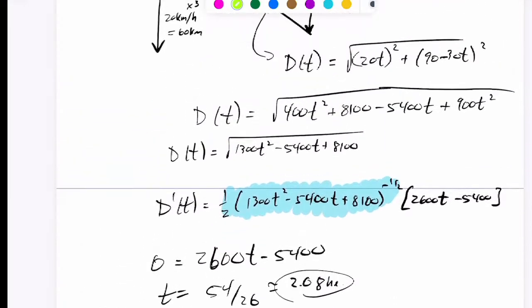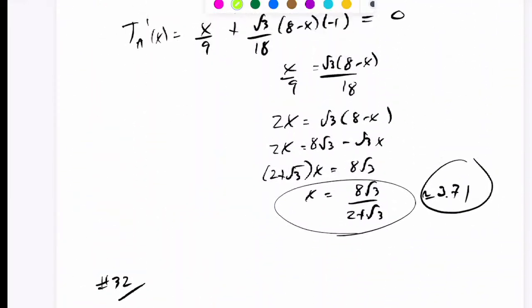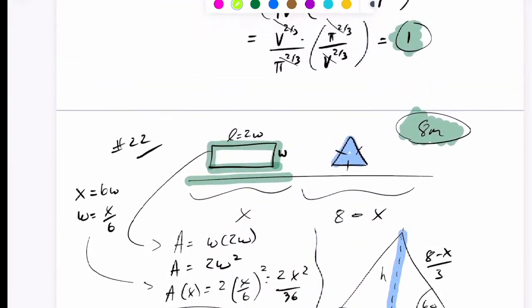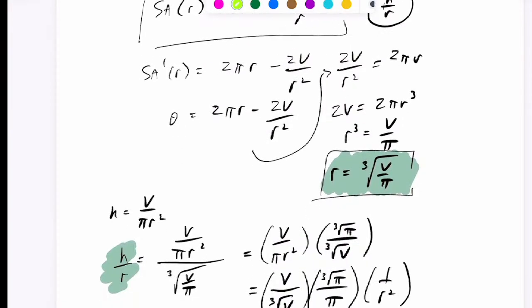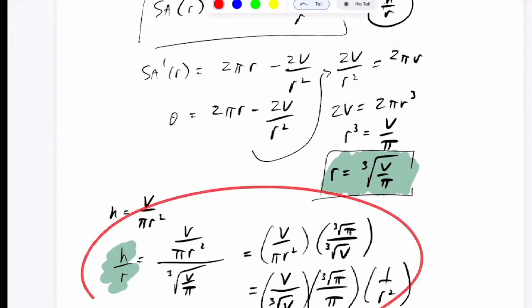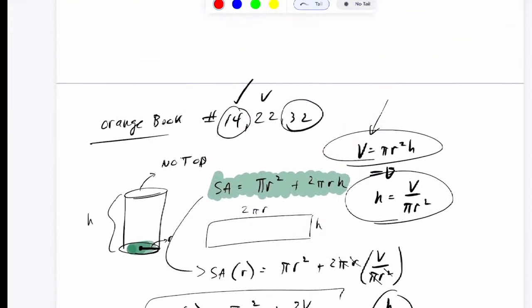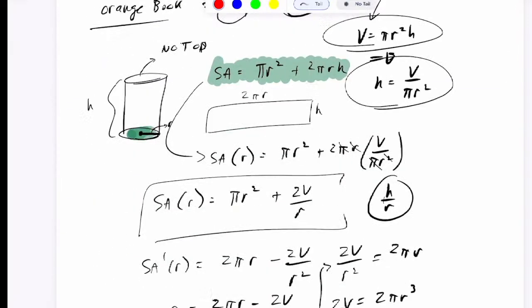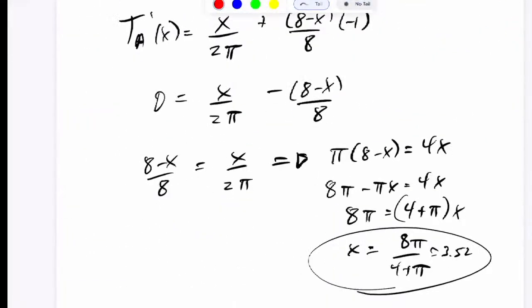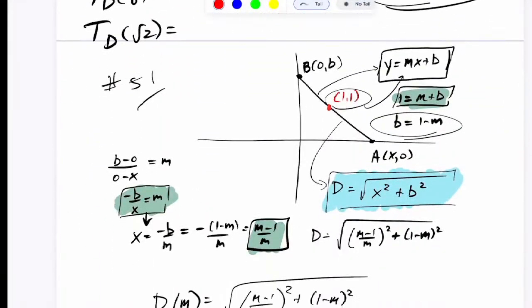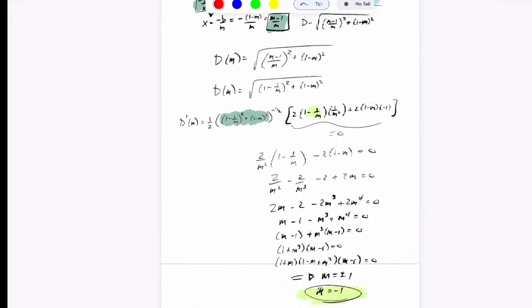All the other ones that have been asked are totally fine. Just that one, and this one here, the h over r one, wasn't something we focused on enough that I felt it's been covered enough. And this one, there's a little bit too much messing around to get it, but it's a nice question.